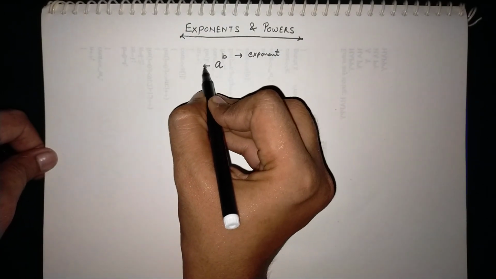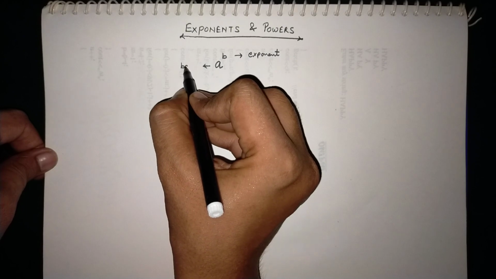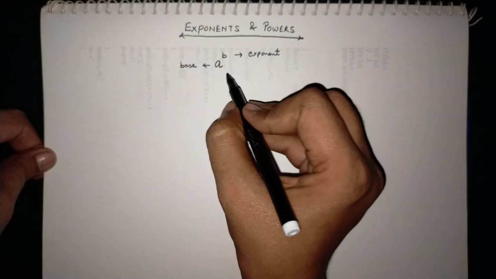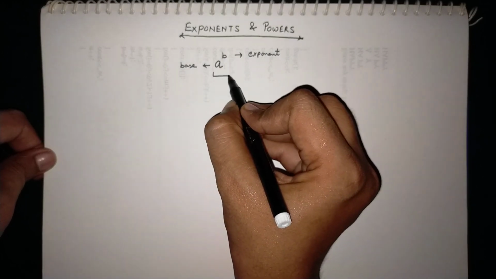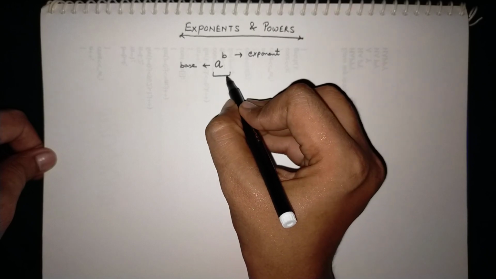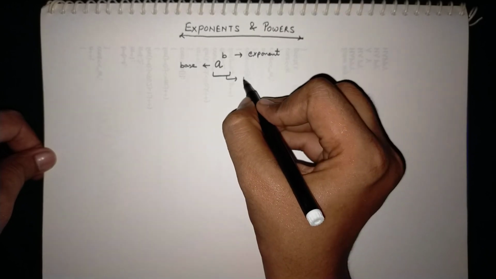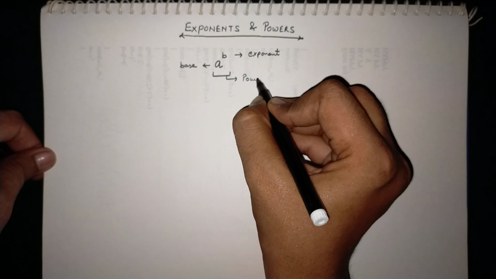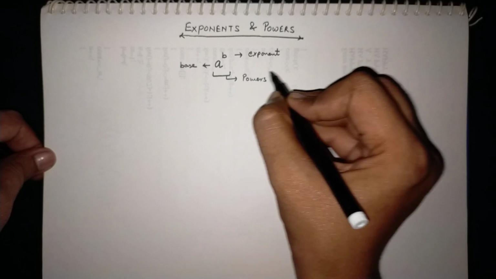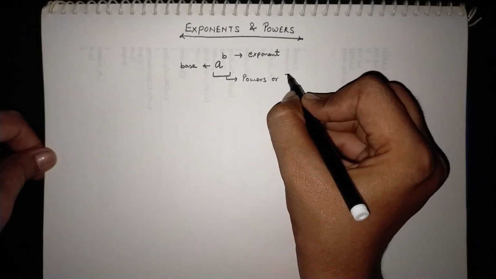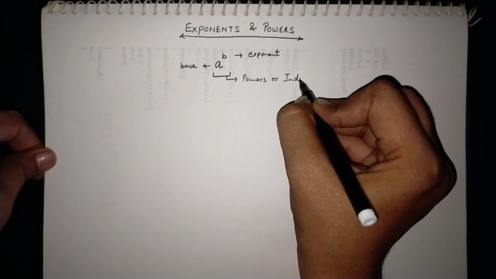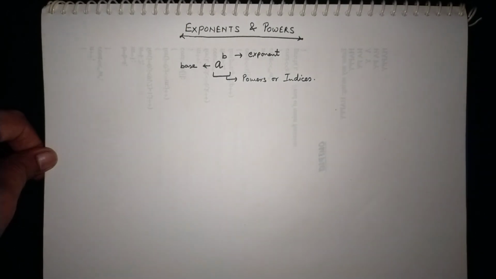This a will be known as base, and altogether a to the power b will be known as powers or indices.